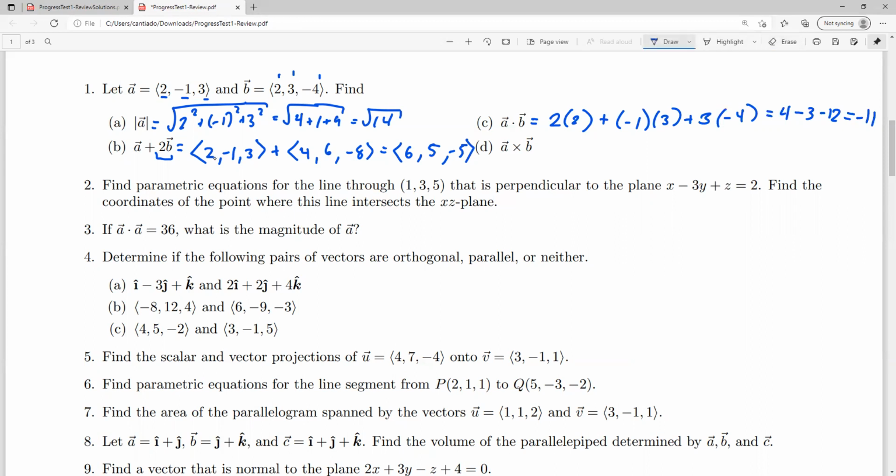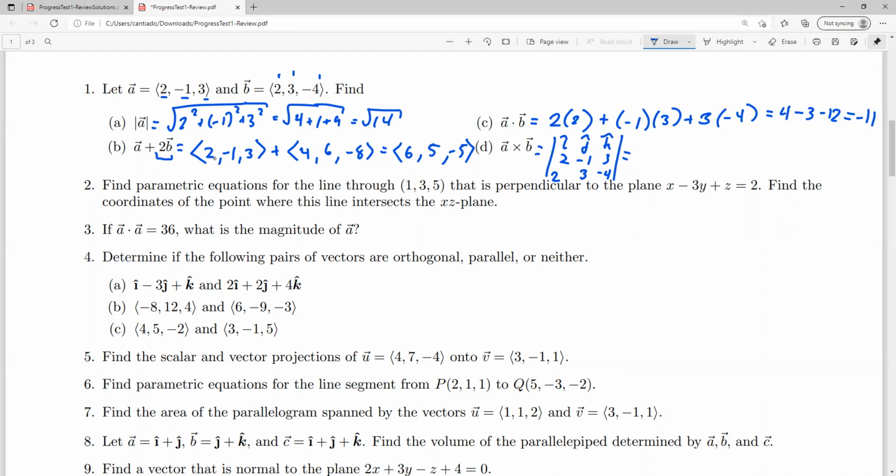I'm going to be showing the determinant definition. The cross product is the determinant of the matrix with the unit vectors i hat, j hat, k hat, then the values for A, 2, negative 1, 3, and the values for B, 2, 3, negative 4. And all we need to do is solve this determinant.